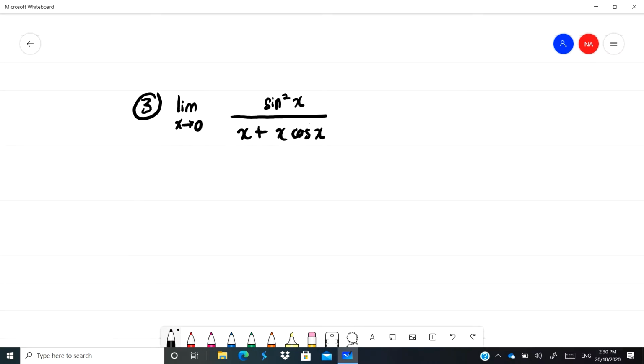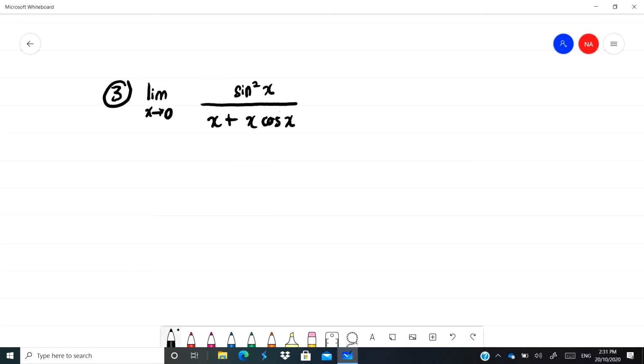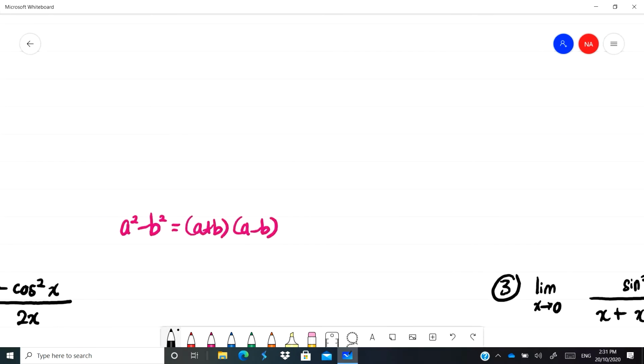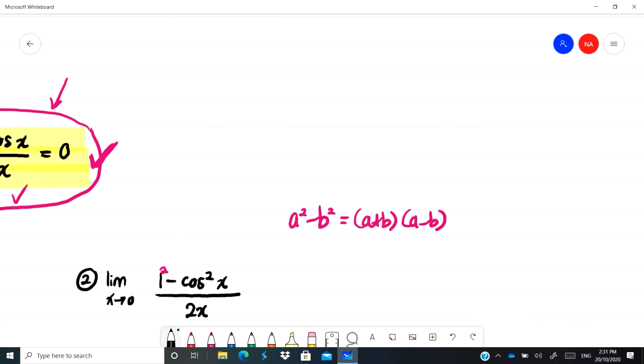Let's move to this question. If we try to substitute the value of x with 0, we'll get a 0 over 0 case. So instead of substituting it directly, we'll have to modify it a little bit, and use the second part of the squeezing theorem.